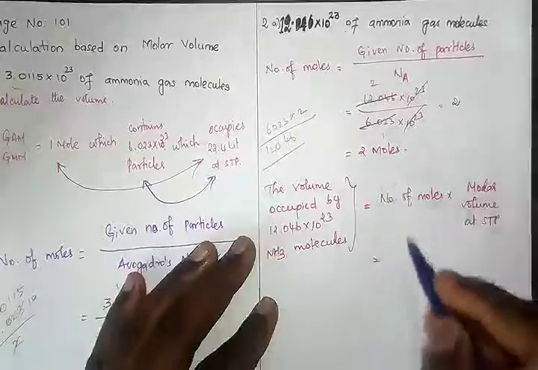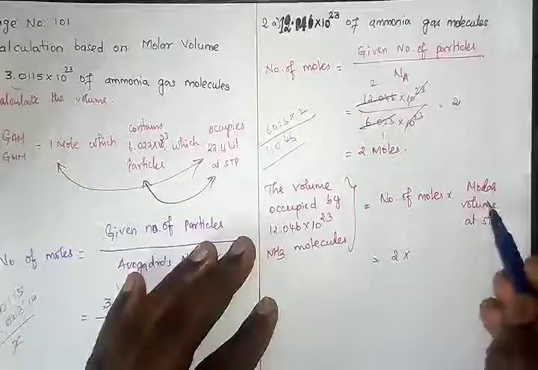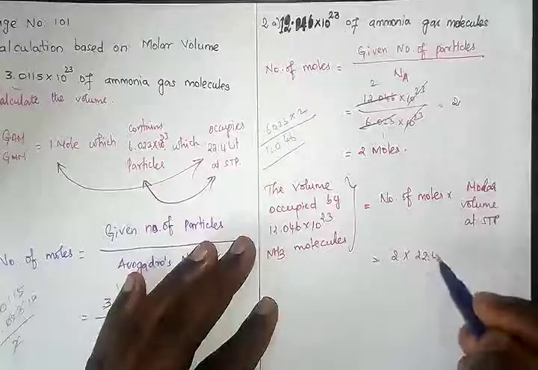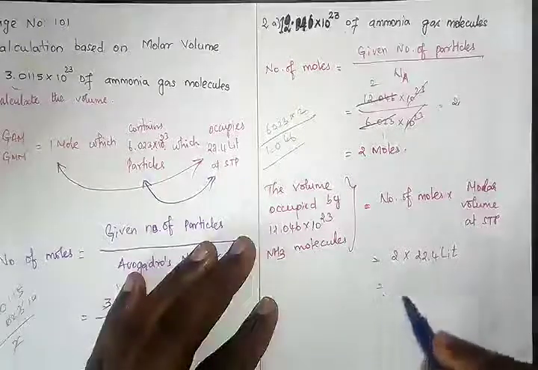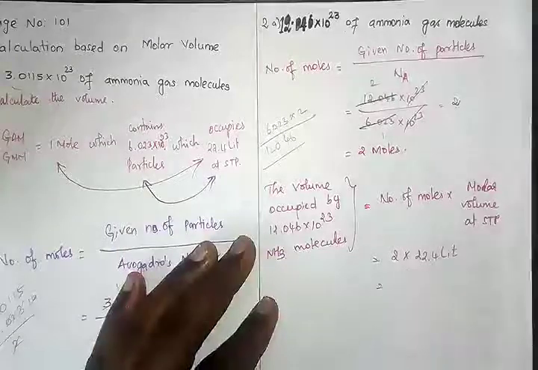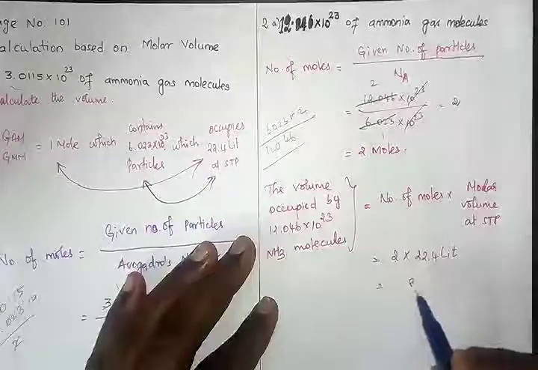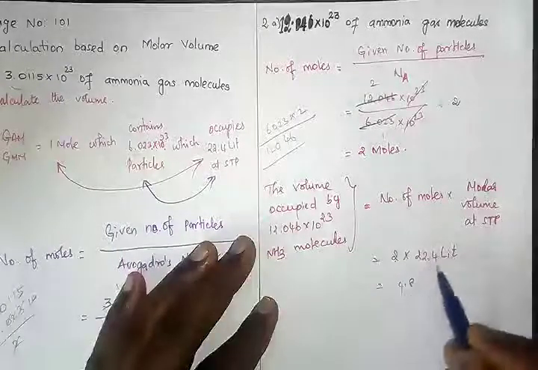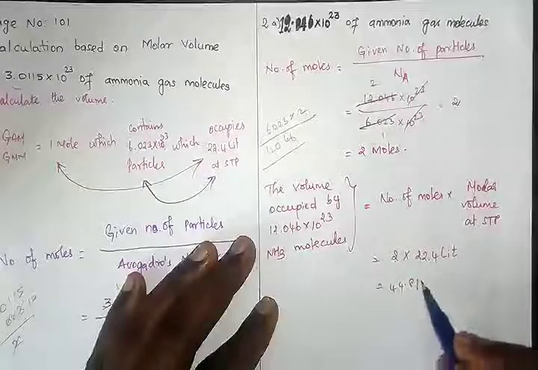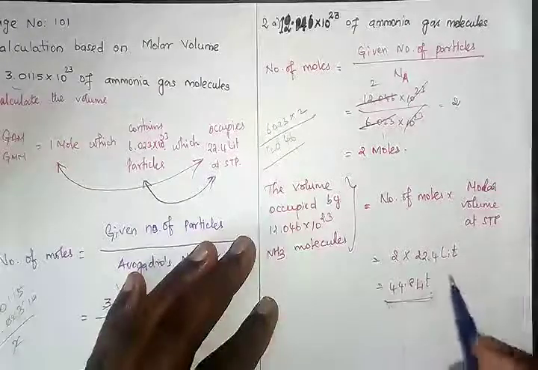So what is the number of moles? 2 moles, and molar volume is 22.4 liters. So if you multiply this, 2 into 4, 8. 2 into 4, 2 into 4. So it is 44.8 liters.